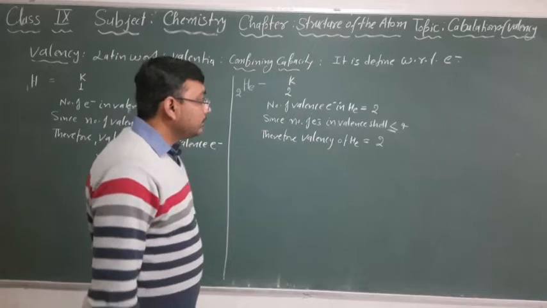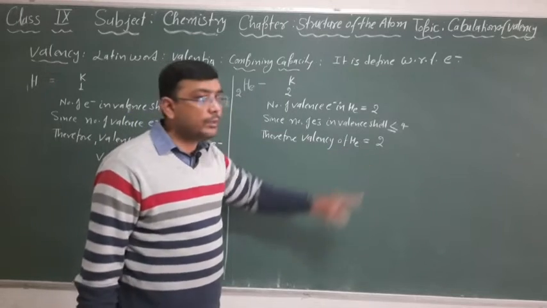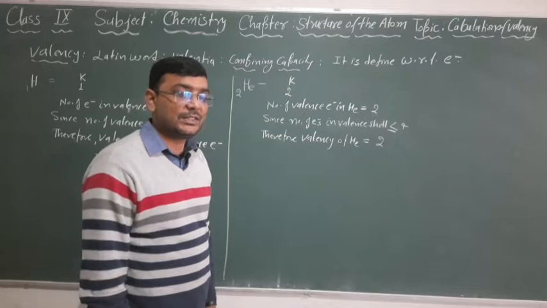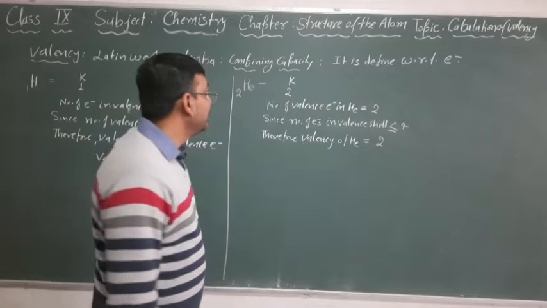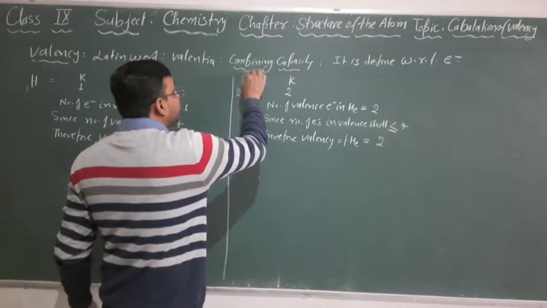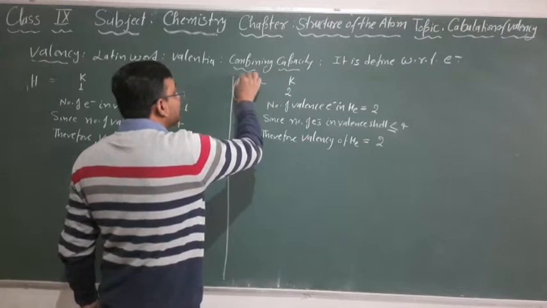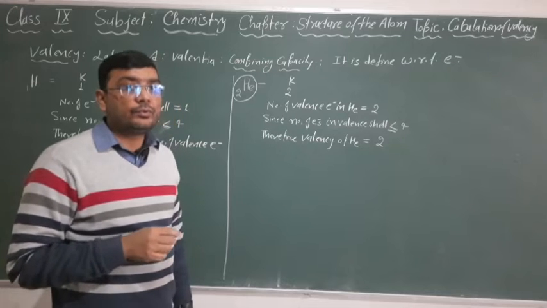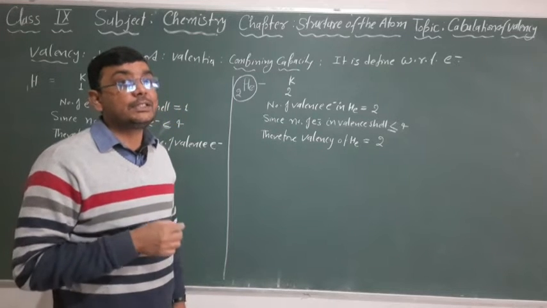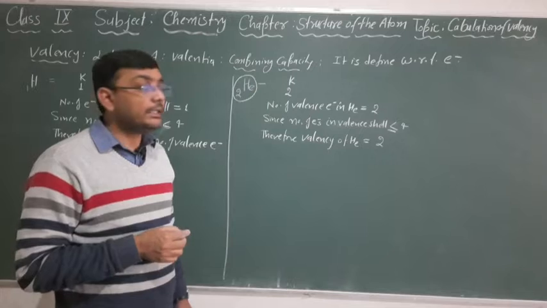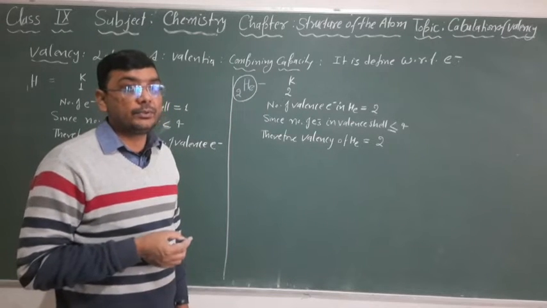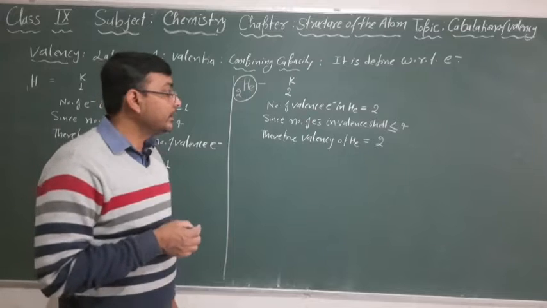So now let us see, here we have calculated that the valency of helium is 2. Is it correct? No. It is one of the exceptional cases. Helium is the only element in which a duplet is completed, which makes it unreactive or non-reactive.